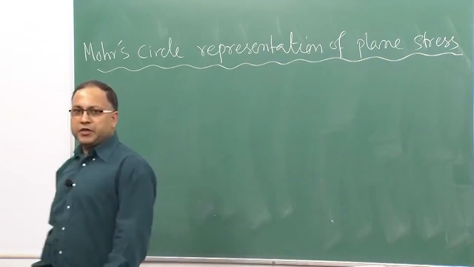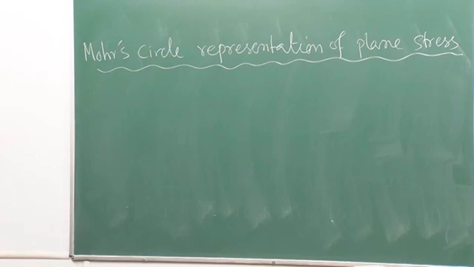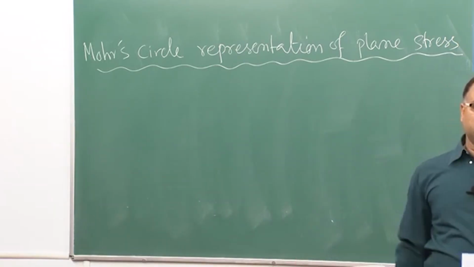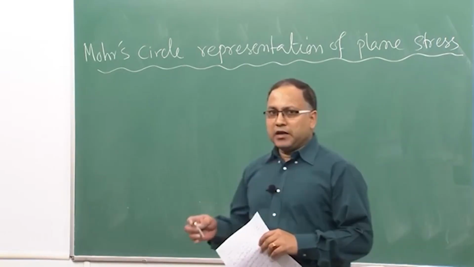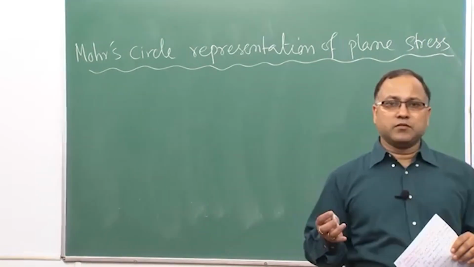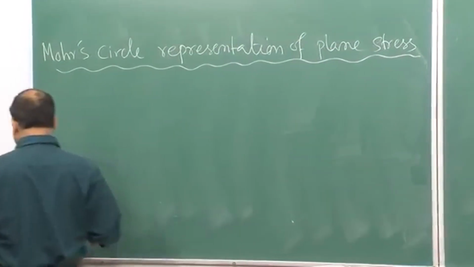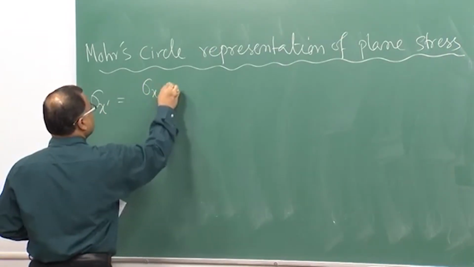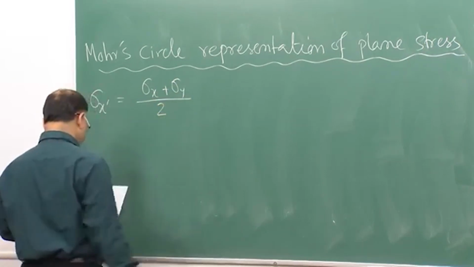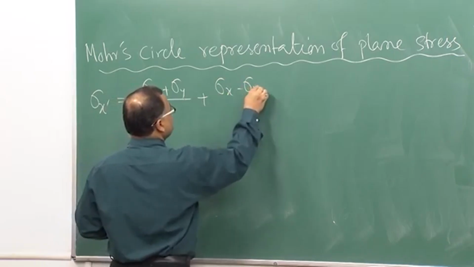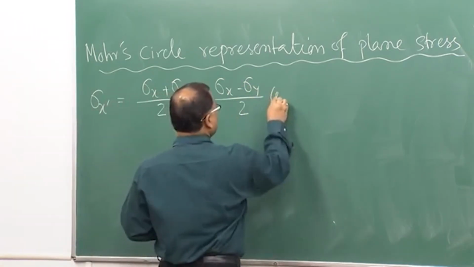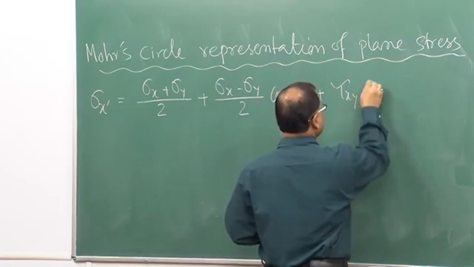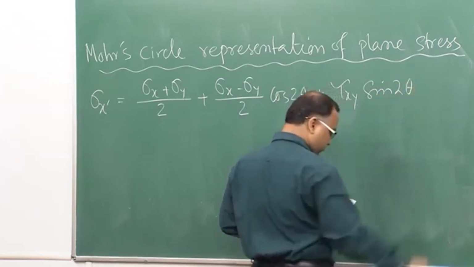So, Mohr's circle representation of plane stress. Now, if you look at equation 3 and equation 4 once again, you can simplify these equations using trigonometric formulation, and you will get equations like this: sigma x prime equals sigma x plus sigma y by 2, plus sigma x minus sigma y by 2 cos 2 theta, plus tau xy sin 2 theta.